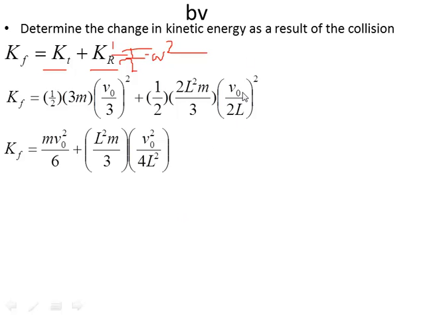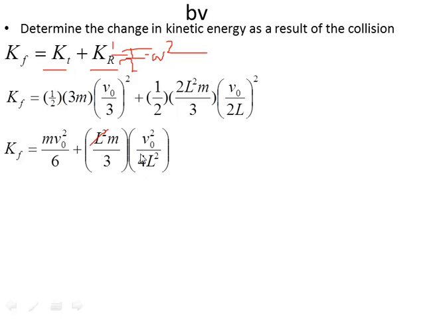So what I did from this step to this step is I canceled some stuff here so that it became m v naught squared over 6. And then what I did here was I did v naught squared, and then 2 squared is 4, L squared is L squared. We can cancel out some stuff.